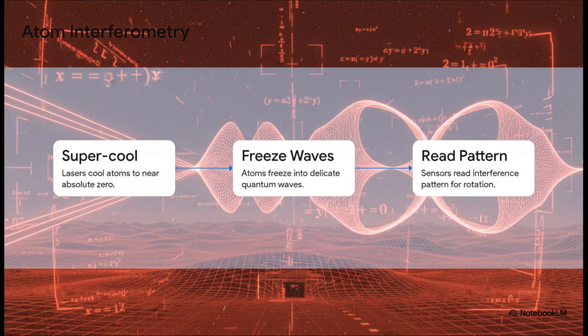The lasers then split those quantum waves into 2 paths and recombine them. If the weapon rotates or shifts even a fraction of a millimeter while plummeting at Mach 10, the interference pattern of those recombined waves changes. The onboard computer reads that change instantly, providing an absolute, mathematically perfect measurement of rotation. It's incredible. It can't be jammed, and it cannot be shaken apart.